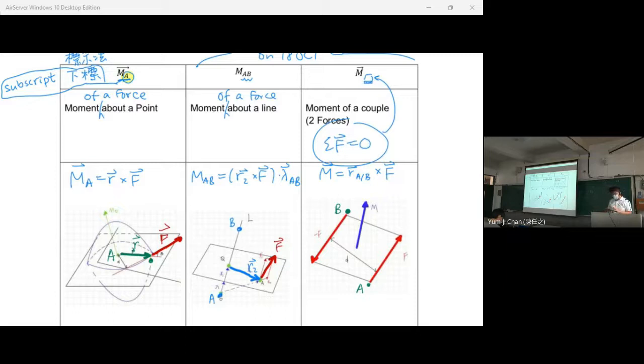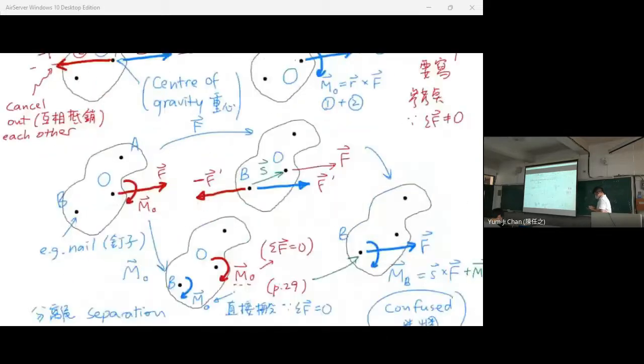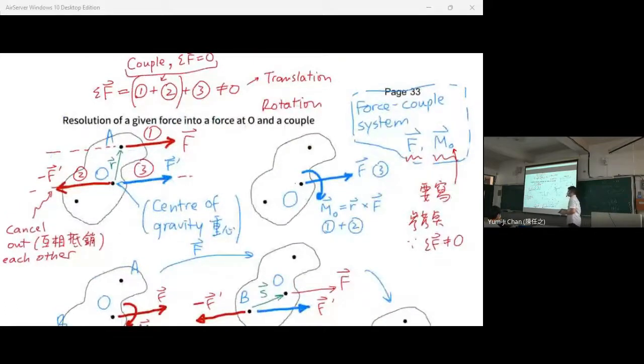Before we ended the lecture on the first day, we talked about the force couple system. For example, we have a force acting on something here that will lead to both translation and rotation.